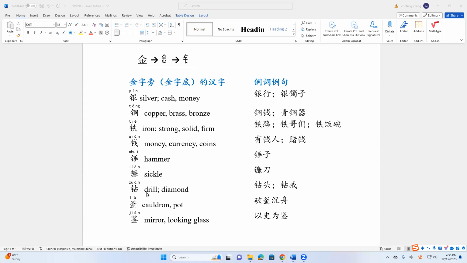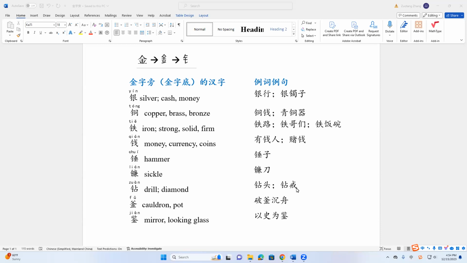钻 means drill or diamond, but 钻 also means to drill a hole. So 钻头, that is the head of a drill. And 钻戒, 戒 is short for 戒指, which means ring. 钻 means diamond, so 钻戒 means diamond ring.